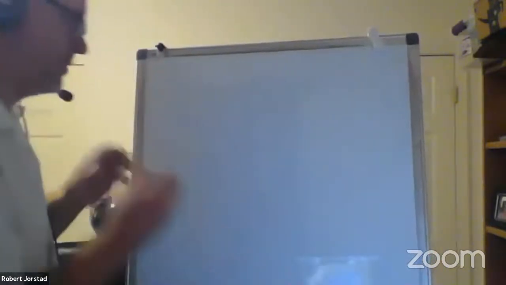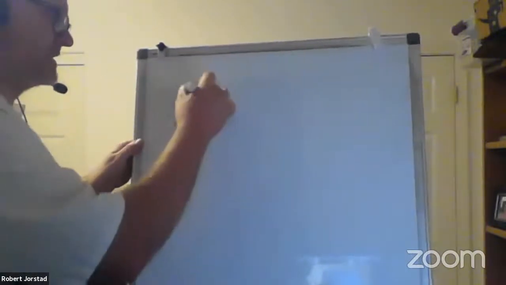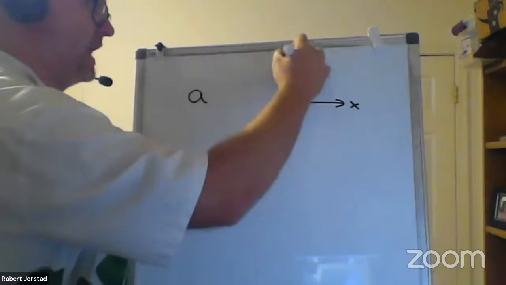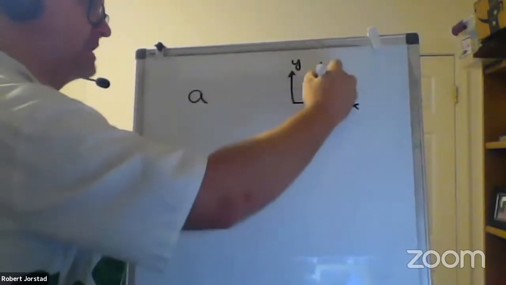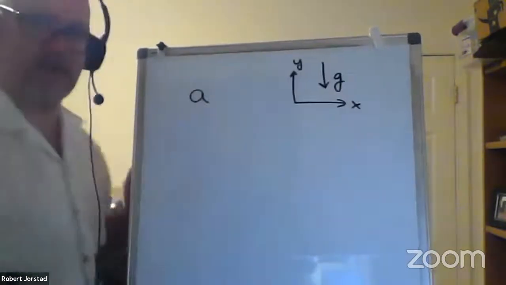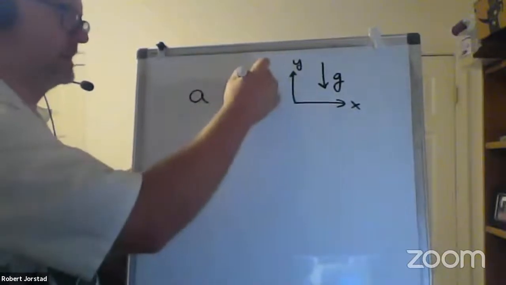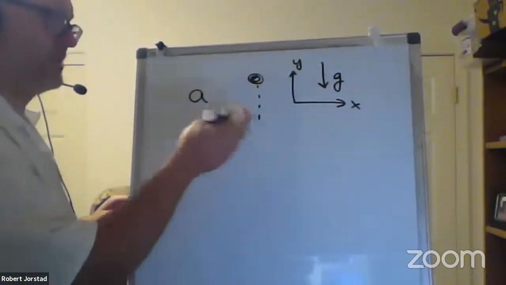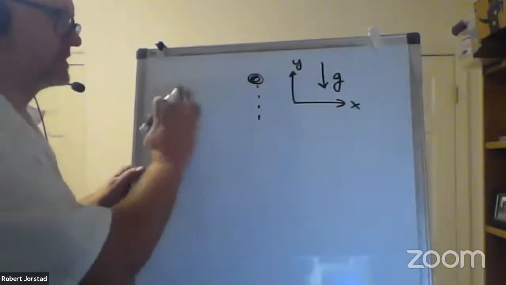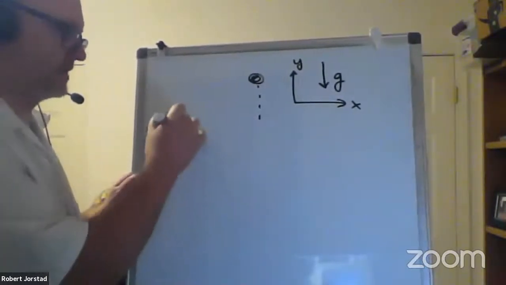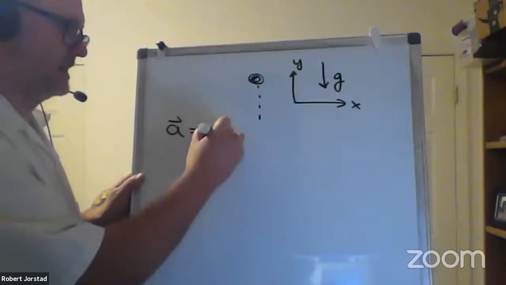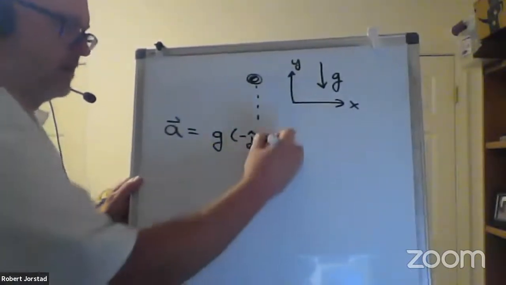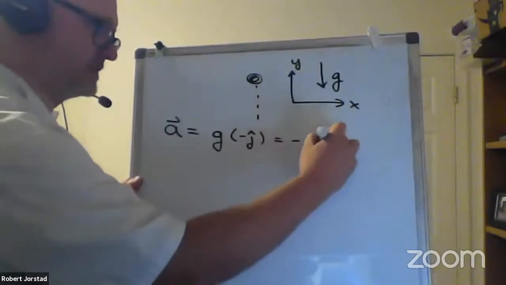All right, so I just want to point out the acceleration. Let's say you have a normal coordinate system, X and Y, and you have something that's falling down under the influence of gravity. So maybe there's a ball here and it's falling down, or maybe it's a ball that got thrown upwards. I just want to point out the acceleration is g in the negative j hat direction, that's negative g j hat.